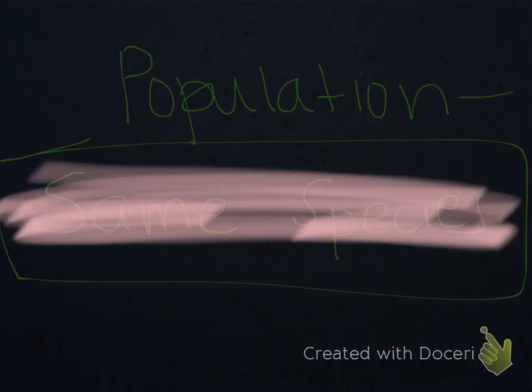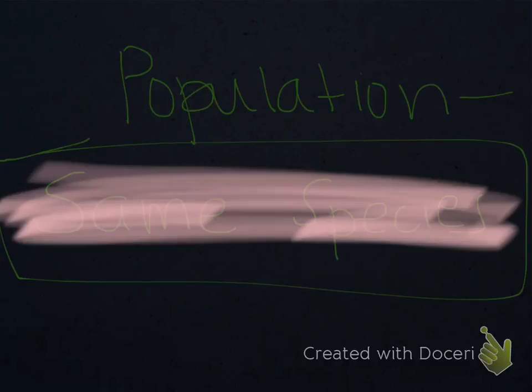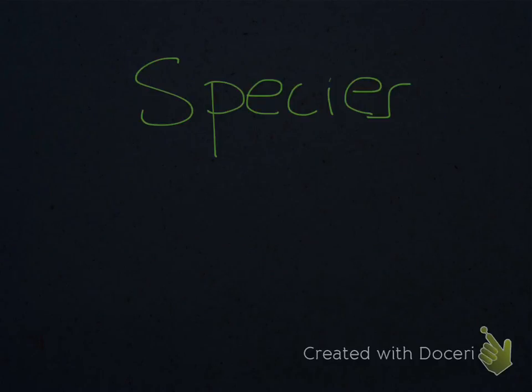And then a species, which we also need to define, is a group of similar organisms. They're not necessarily the same organism, as it has to be the same species in a population, but a species is similar organisms.